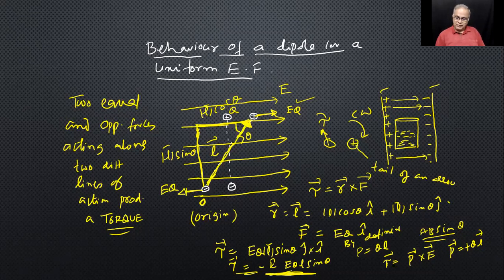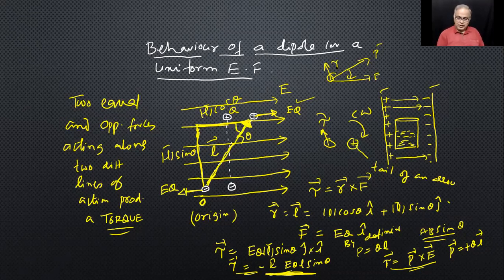So P cross E will give you the torque. A vector P like this, a vector E like this. So P cross E, right hand thumb rule. P to E you turn, the thumb will go inside. This is my thumb. So if I define P as Q into L, what do I get?